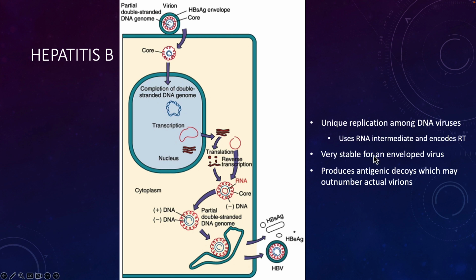Unfortunately, they are also relatively stable for an enveloped virus. Remember, enveloped viruses tend to be easier to destroy, but hepatitis B is a little bit more stable than that. And as you might imagine, because I did mention that this can be a chronic infection that can cause cancer, the genome can integrate into the host cell chromosome.